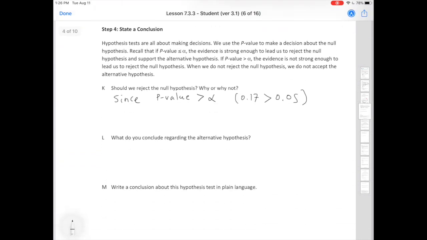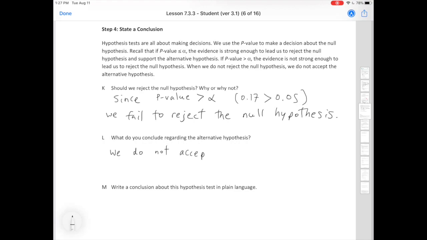Since that's true, we fail to reject the null hypothesis. What do you conclude regarding the alternative hypothesis? We do not accept the alternative hypothesis.